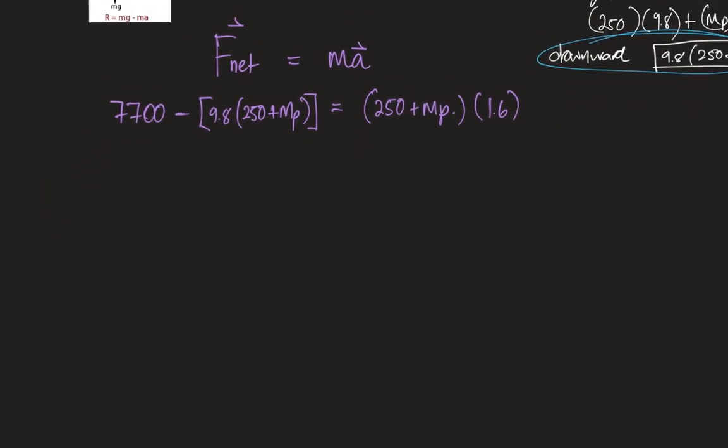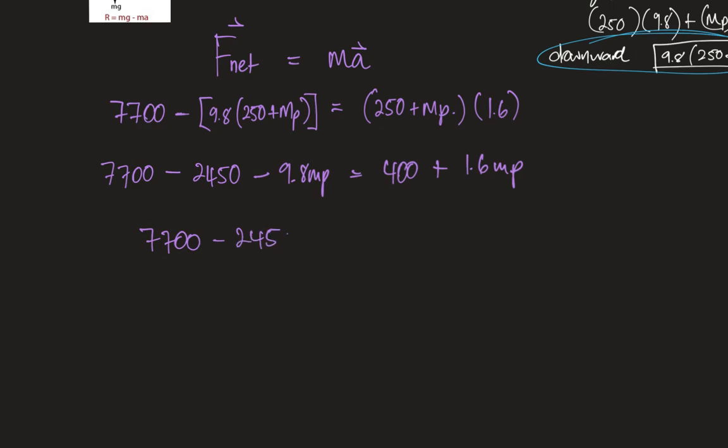Okay, let's have a look here. I've got 7,700 minus 9.8 times 250, which is 2,450, and then again minus 9.8 mp, is equal to 250 times 1.6, which is 400, plus 1.6 mp. So I'm going to take 7,700 minus 2,450 minus 400, which is equal to 1.6 mp plus 9.8 mp.